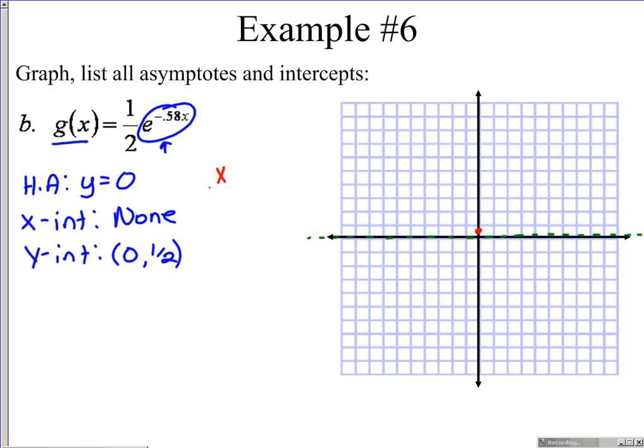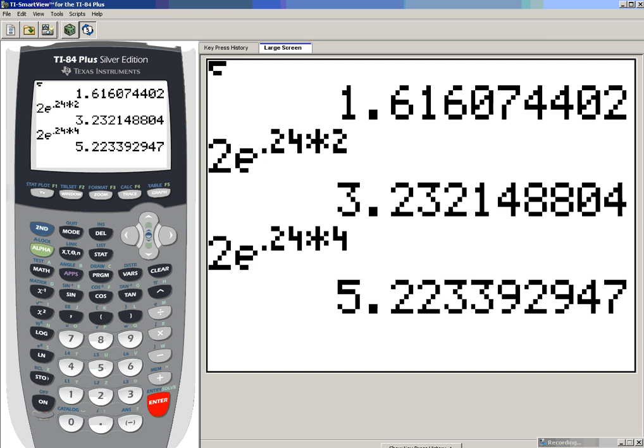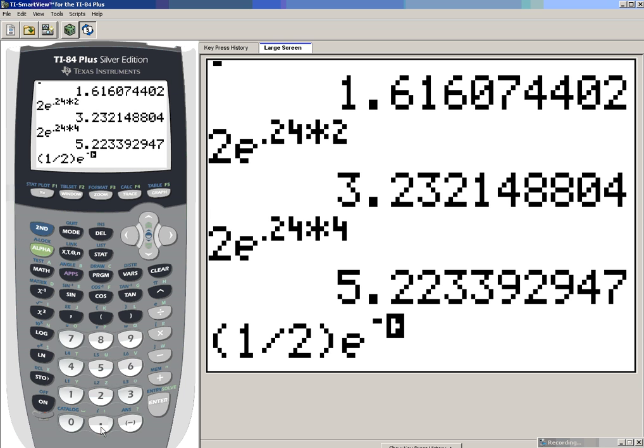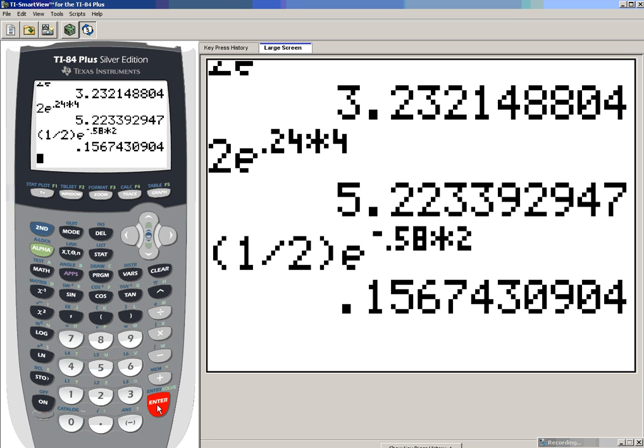Pick some other values. Because this exponent is negative, I'm going to want to pick negative values of x so that we get positive values out. Again, pick a little bit larger values since our base e is a small number. Go ahead and plug this into your calculator. 1/2 times e to the negative 0.58 times 2 power. We need to, actually I need to put that in parentheses here.